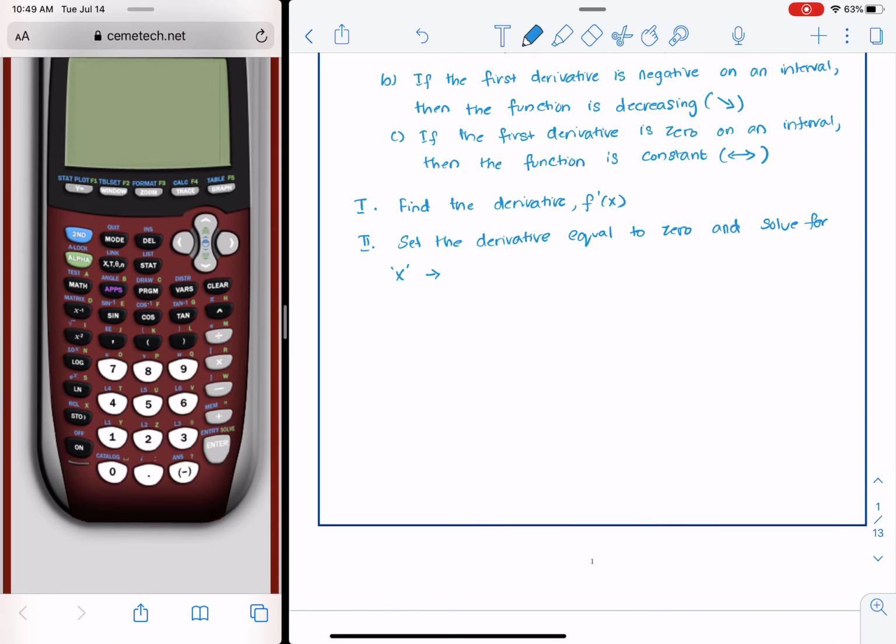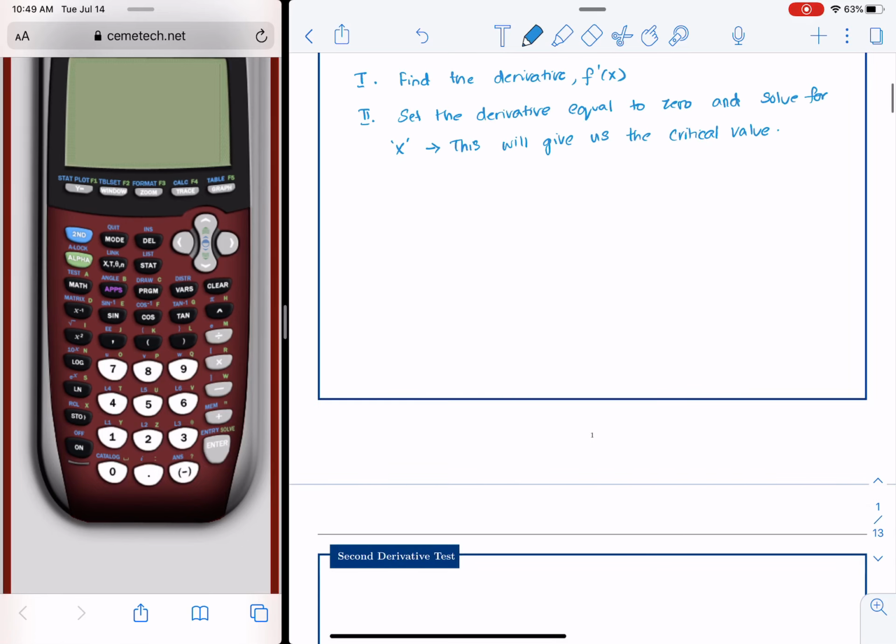And that is going to give us the critical value. Now, the derivative is 0, or it does not exist at the critical value.